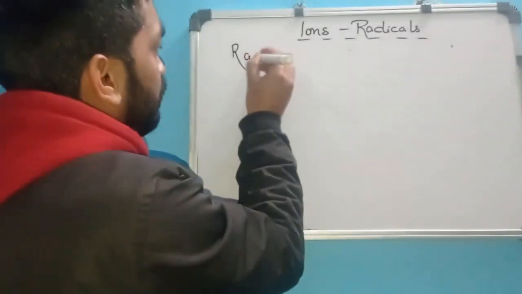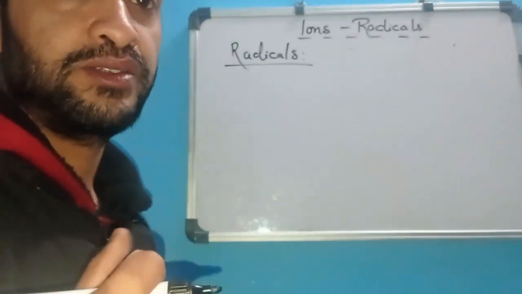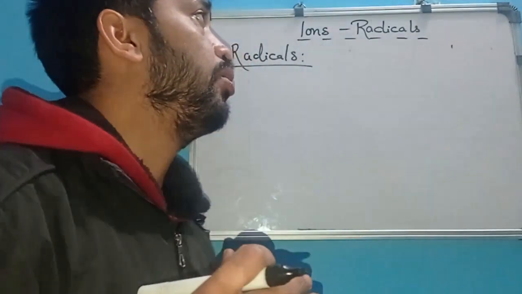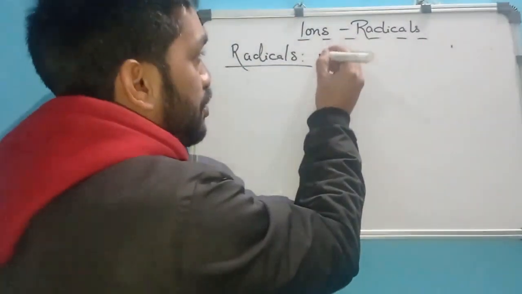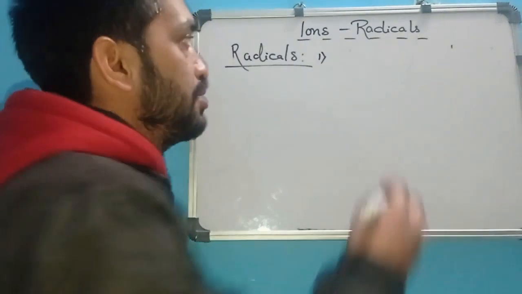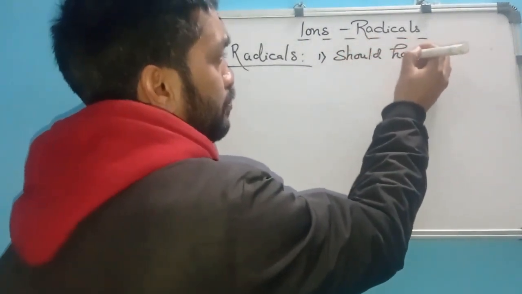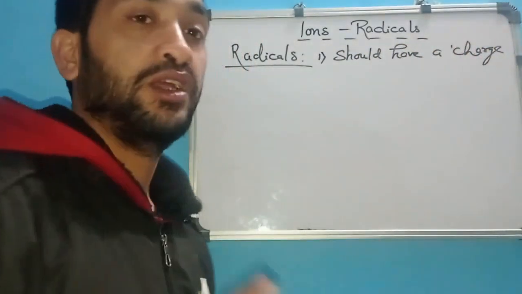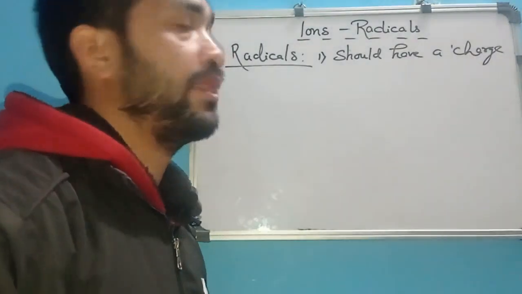So see what is radical. For radicals, three conditions are a must. If even one of the conditions is wrong, then don't categorize it as radical. First condition for a radical is it should have a charge. This is a must condition. If there is no charge, we cannot call it a radical.